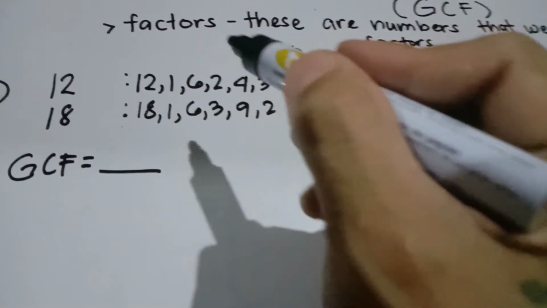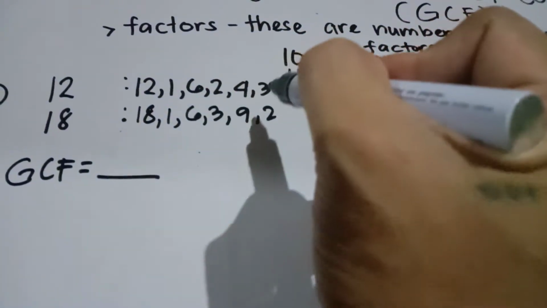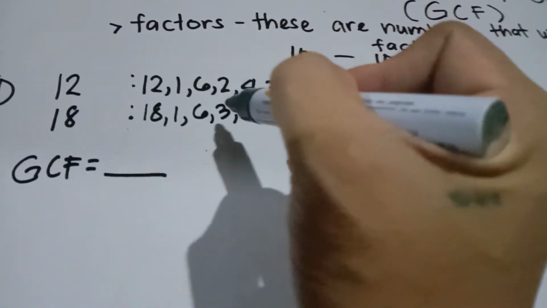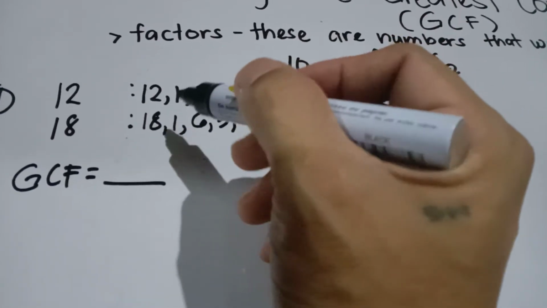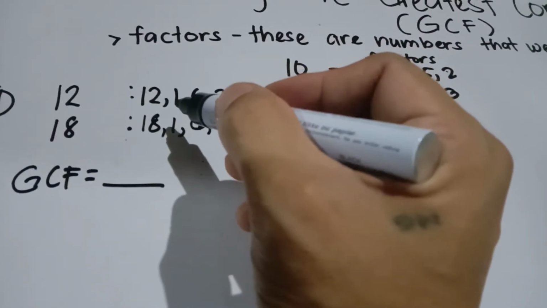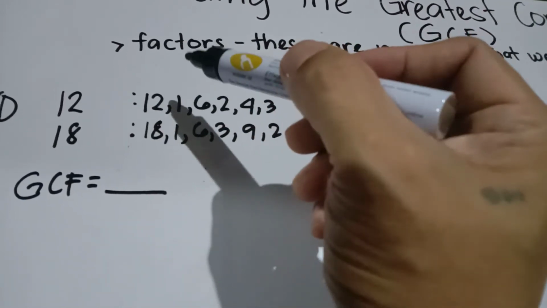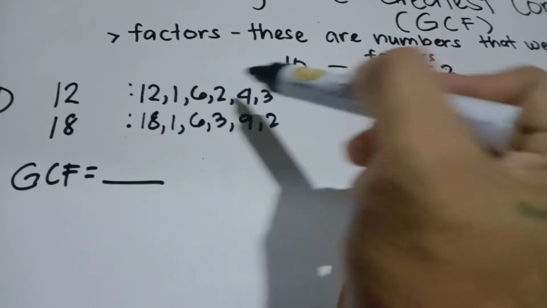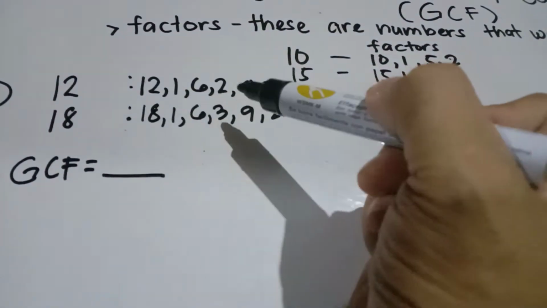Okay, second step, out of the factors that we have here, we are going to look for the common factors. Common factors, ito yung mga numbers na makikita natin sa 12 and factor din sa 18.